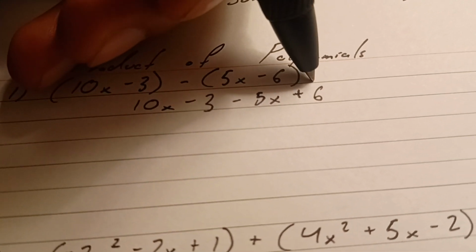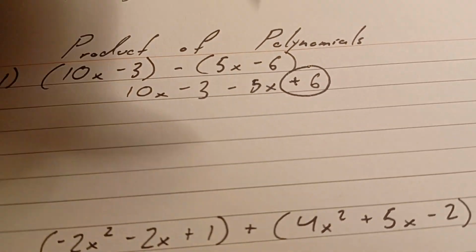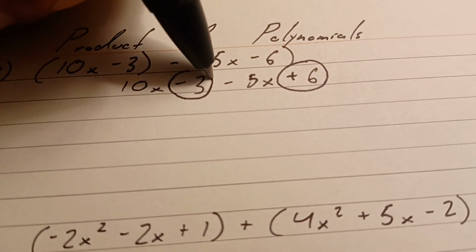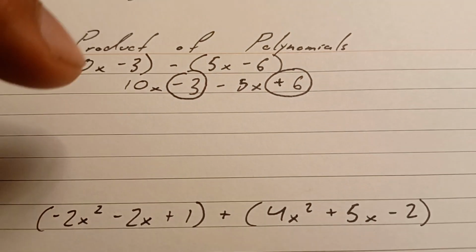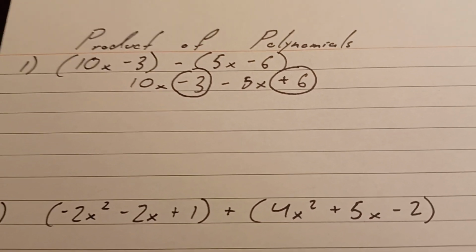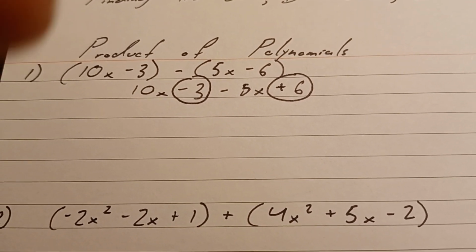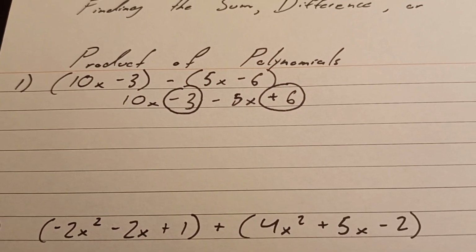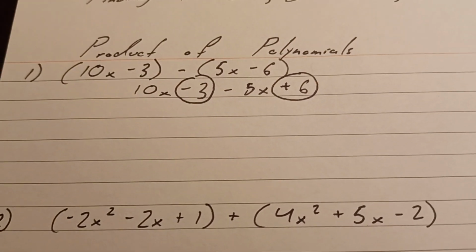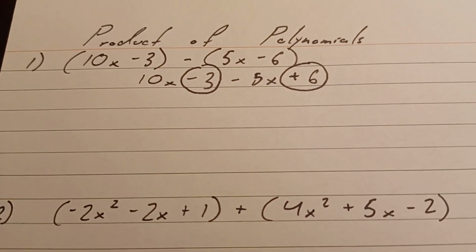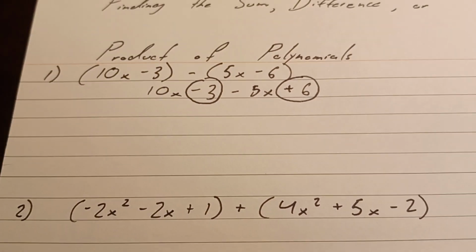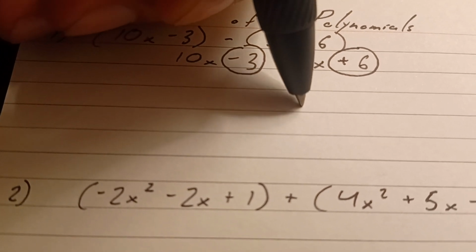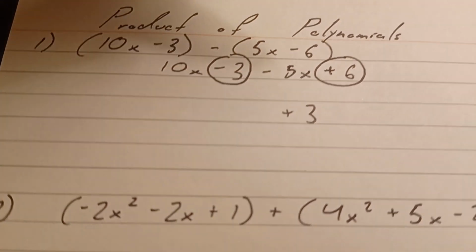So we have a positive 6 here, and we have a negative 3 here. And basically it's just 6 minus 3, which is going to give us positive 3.